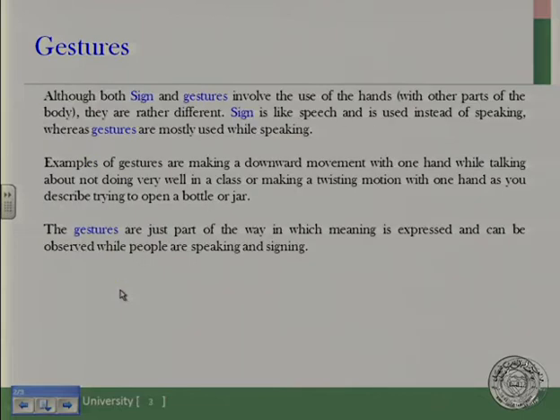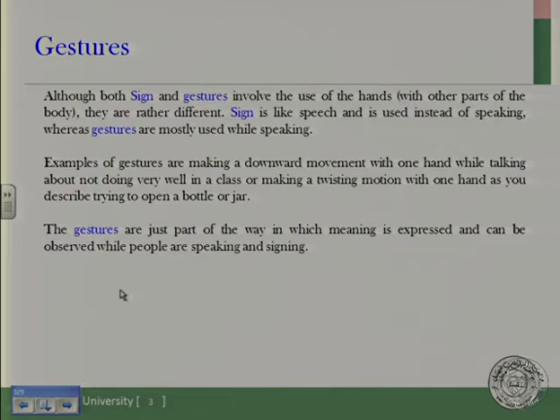Let us start with the meaning and the difference between sign and gestures. Although both sign and gestures involve the use of hands with other parts of the body, they are rather different. Sign is like speech and is used instead of speaking, whereas gestures are mostly used while speaking.